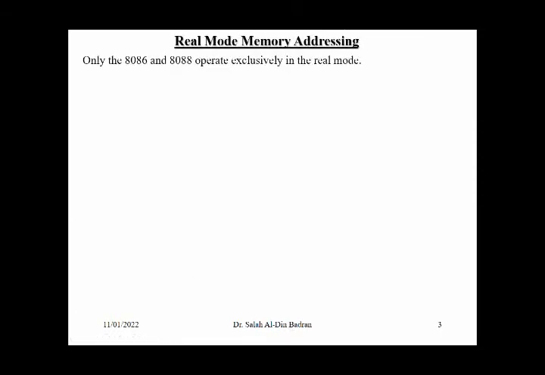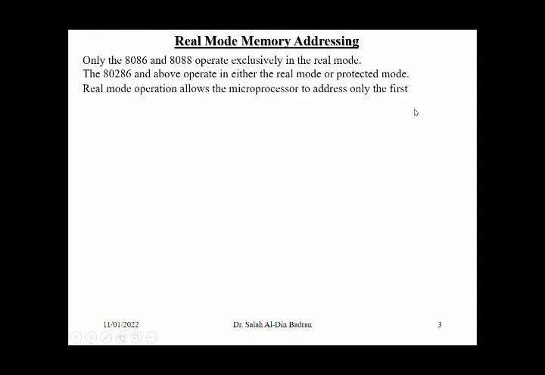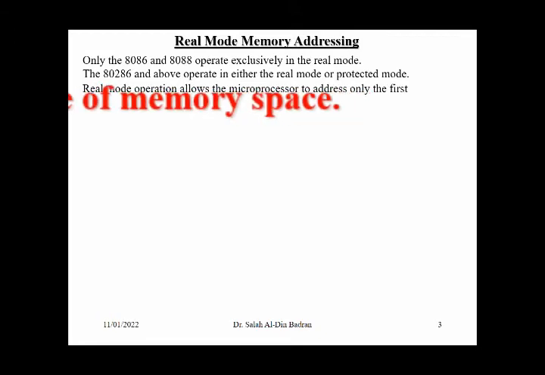Real mode memory addressing. Only the 8086 and 8088 operate exclusively in the real mode. The 80286 and above operate in either the real mode or protected mode. What's real mode? Real mode operation allows the microprocessor to address only the first 1 MB of memory space.